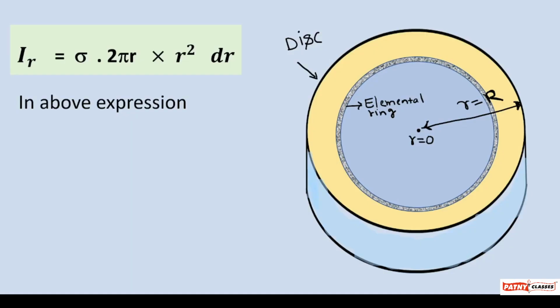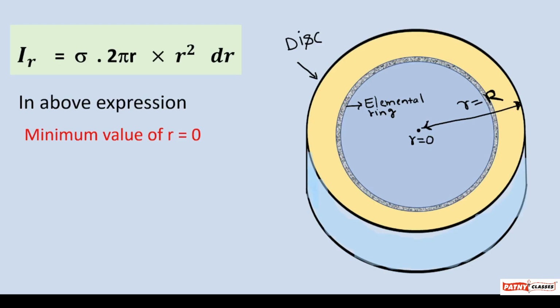Since we have obtained the moment of inertia of the ring, we can find the moment of inertia of the disc. Our aim is not to find the moment of inertia of the ring. Our aim is to find the moment of inertia of the disc. Now the smallest ring is possible with radius equal to 0.